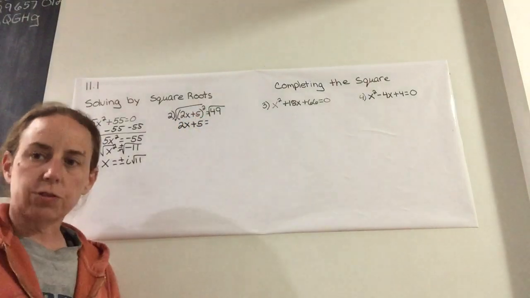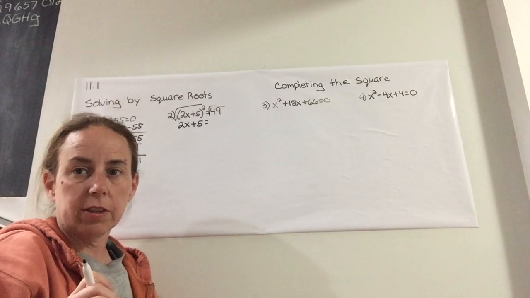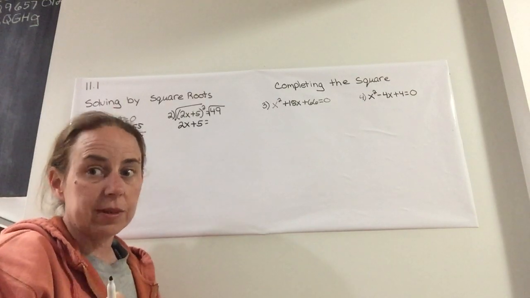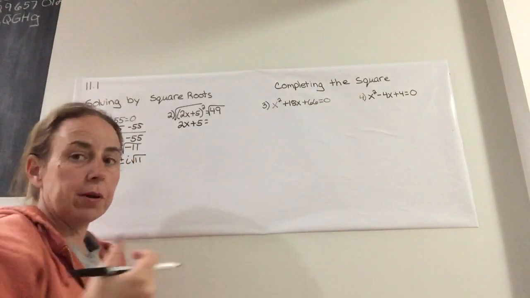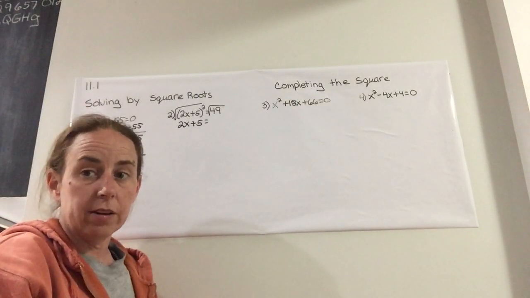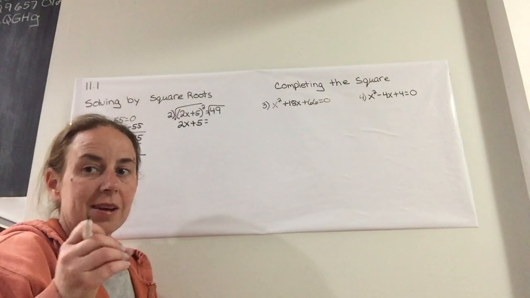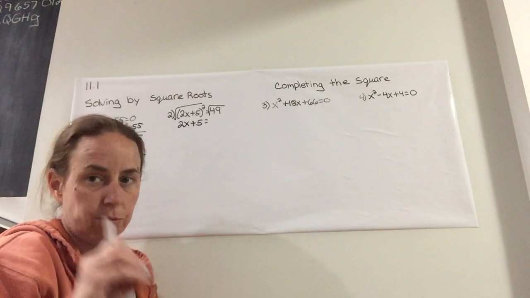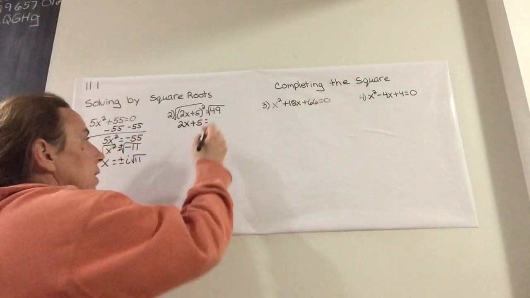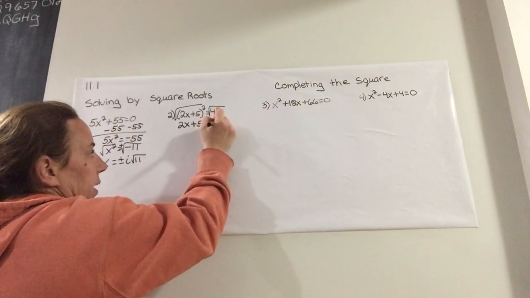Now, the square root of 49. You're thinking 7. What else do we need? Positive and negative. Because remember, 7 squared is 49, but negative 7 squared is also 49. That's why you have to have both. So we are going to have plus or minus 7.